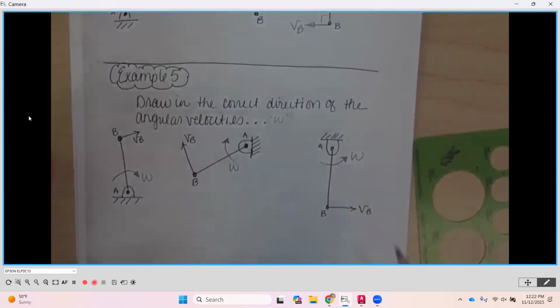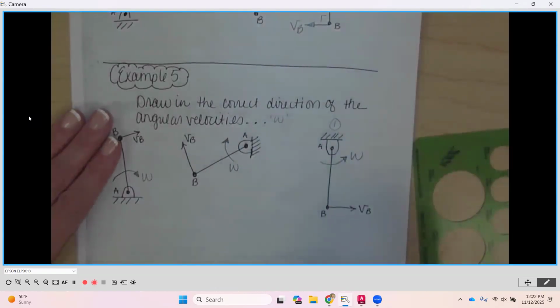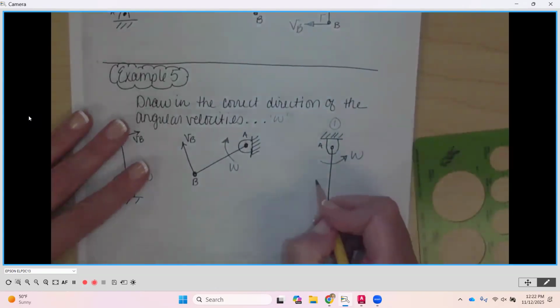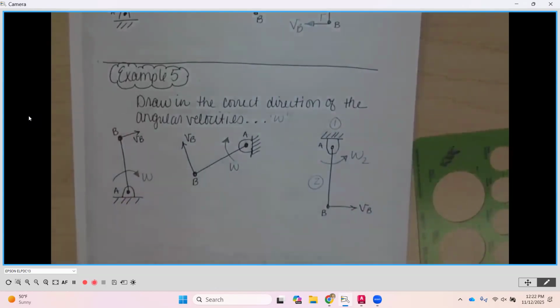So most often, if this is the input, we would probably call our frame 1, and then this would be 2, so then this would be W2. We'll see that when we start putting on our link and joint callouts and labels. Good. Any other questions?